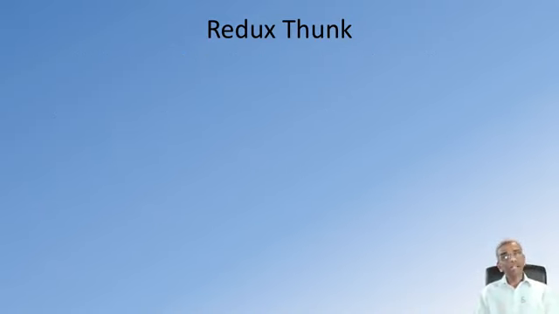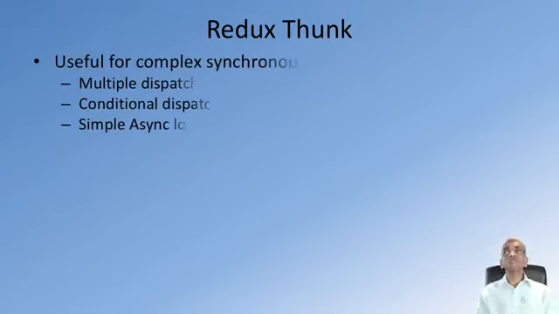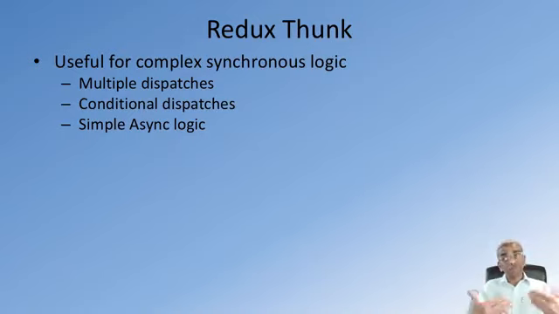Now, with the availability of Redux Thunk, it allows you to do complex synchronous logic. So for example, with one action, you can actually end up dispatching multiple dispatches and may cause multiple effects if that is what you intend to do. You can even do conditional dispatch, depending on the condition. So for example, if you issue an asynchronous API call to the server, and if the server returns the result successfully, then you can dispatch one action to the reducer.